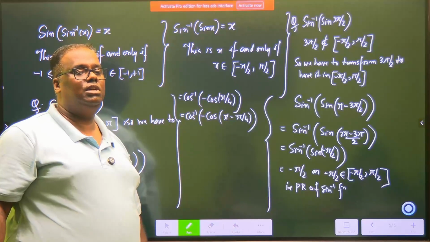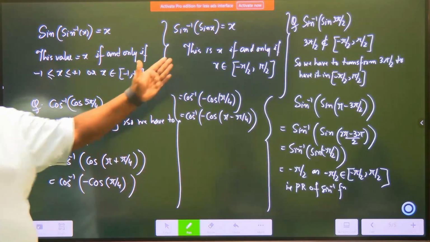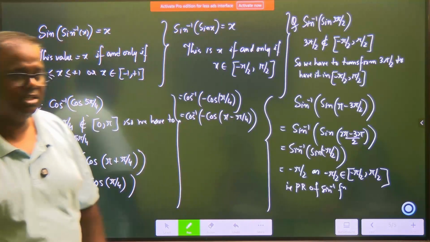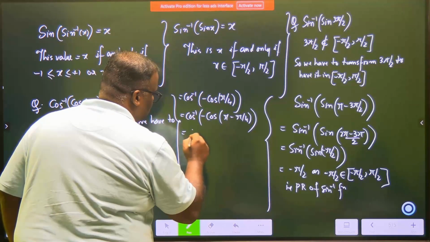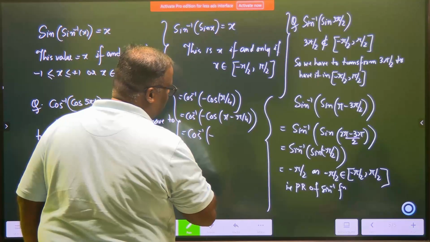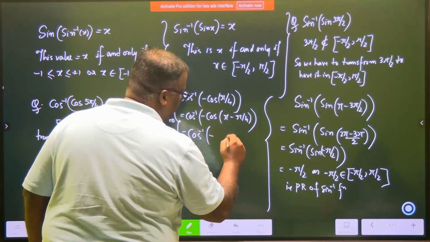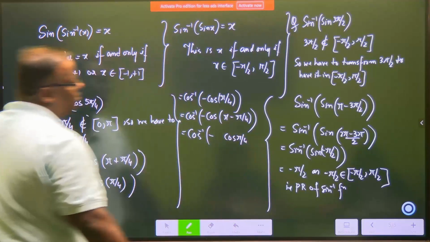However, what is the function transformation? Pi minus. So in second quadrant, only sine is allowed to be positive. So you will remain as negative. So it becomes cos inverse. This is the minus that you had. This function will transform to cos pi by 4.